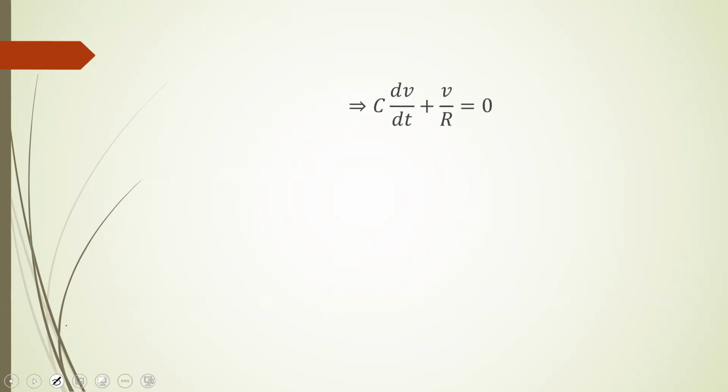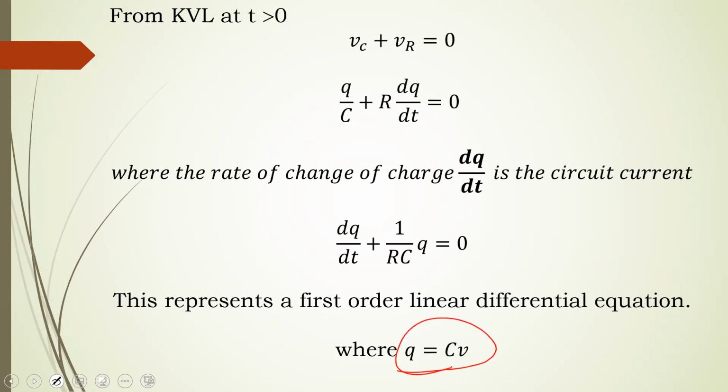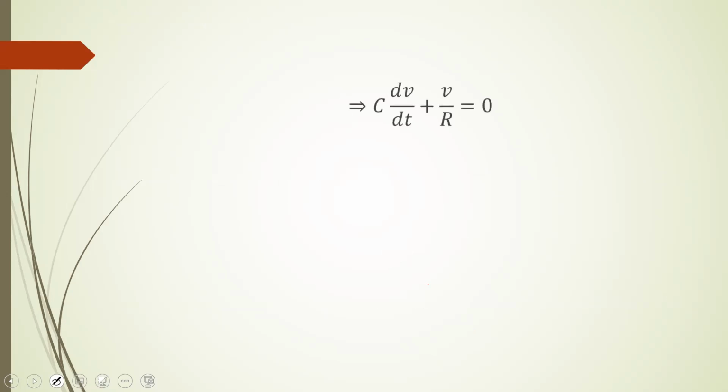So we have C dV dt plus V over R, remember we made this substitution, equals 0. Making the coefficient of the differential dV dt equal to 1.